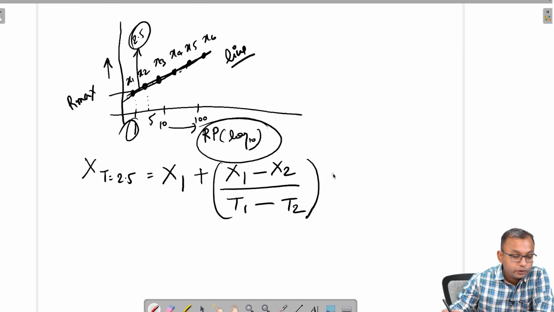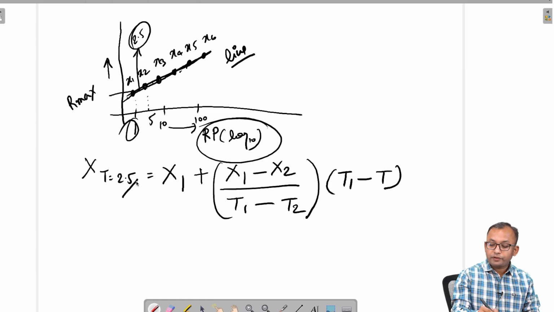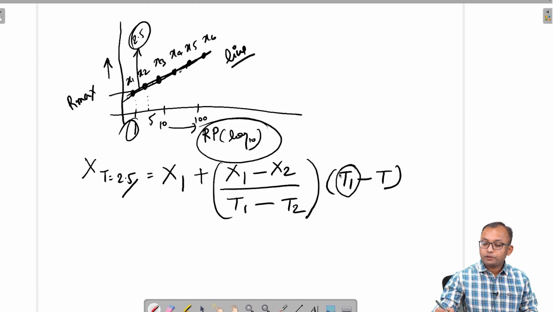And then you can calculate t1 minus, let us say t. So, here what is t? t is your 2.5, t1 is your first value, okay.